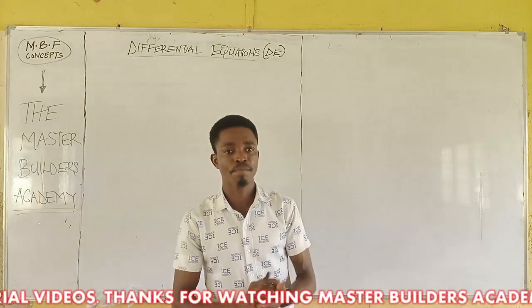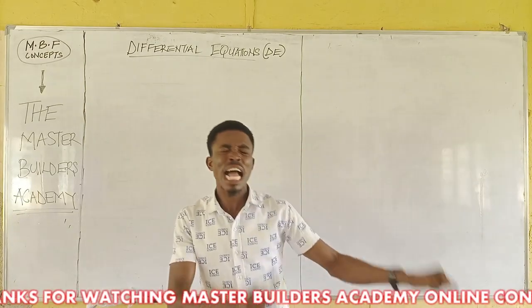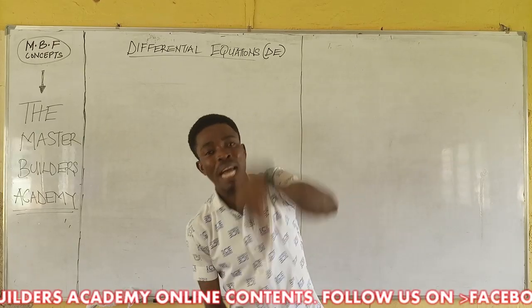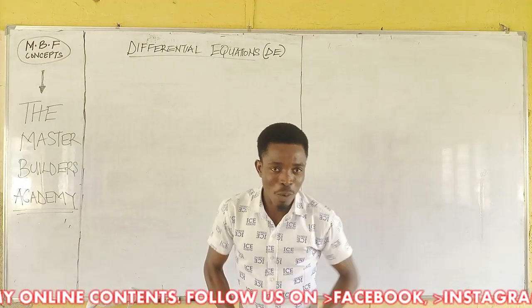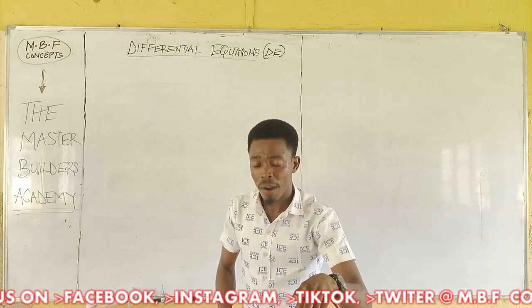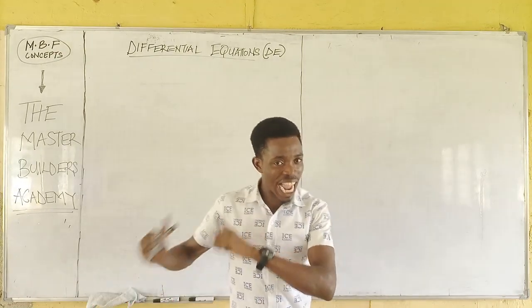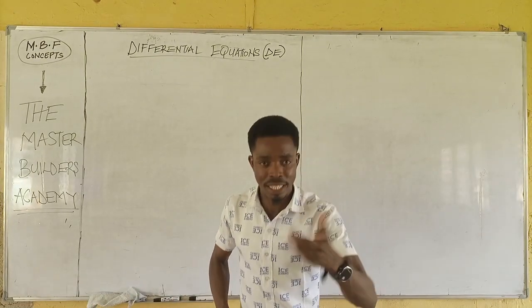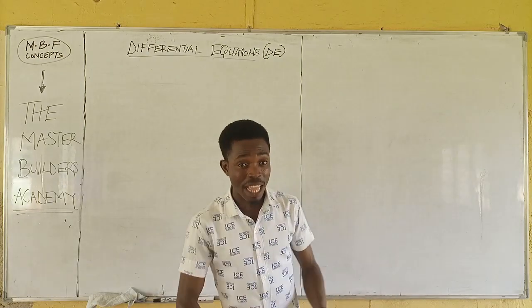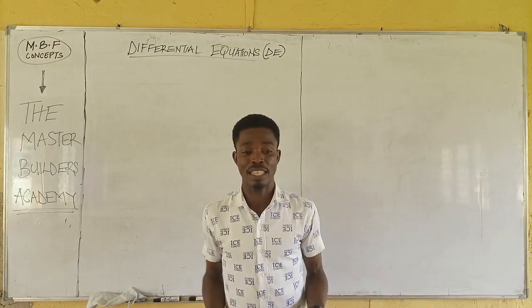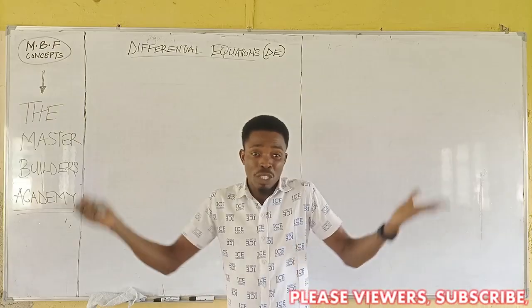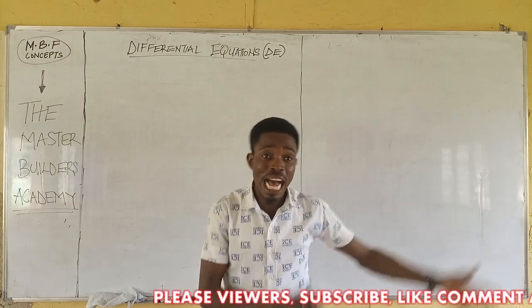Guys, I take it again. A differential equation is an equation that shows the relationship between an independent variable x and a dependent variable y and one or more derivatives of y with respect to x. Generally in differentiation, most students normally call it dy over dx, because the function is a function of y and x.